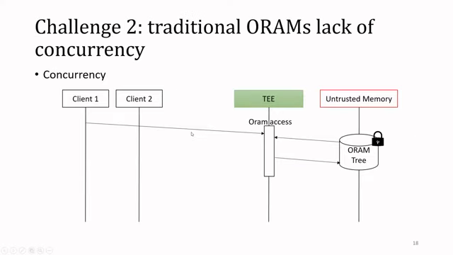The second challenge is a lack of concurrency in traditional ORAMs. We recall that an ORAM access is a combination of two operations, read path and eviction. The eviction procedure causes writing on the tree. So if a new client sends a request during the eviction procedure, their request will get blocked by this eviction.